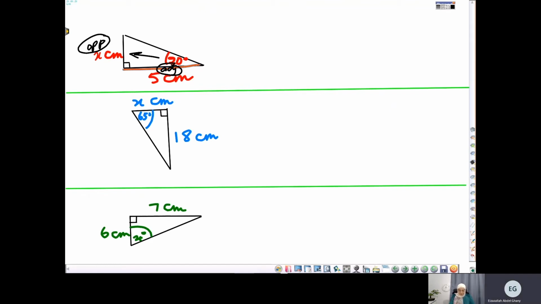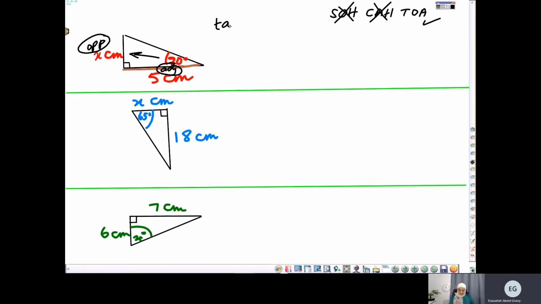Now, what is the relation which connects opposite and adjacent? Let's write them. SOHCAHTOA. I believe it's not SO because SO is having a hypotenuse. It's not CAH because it's having a hypotenuse. So it is TOA, yes.